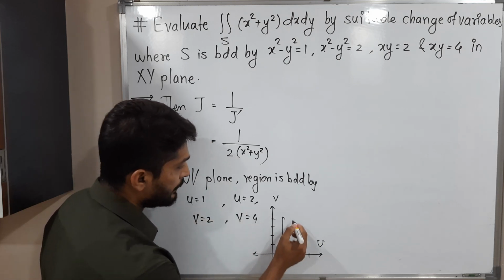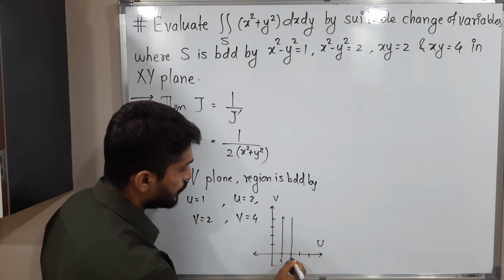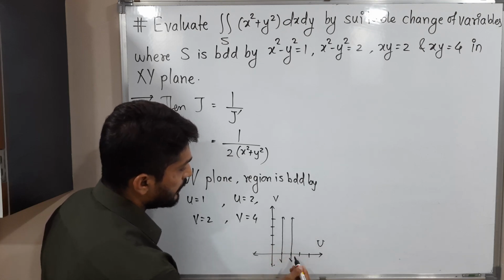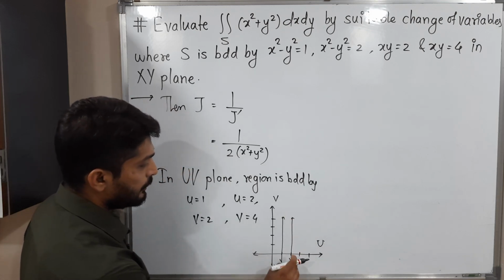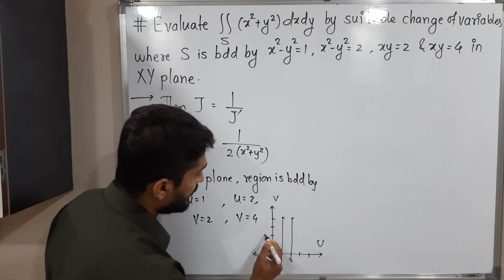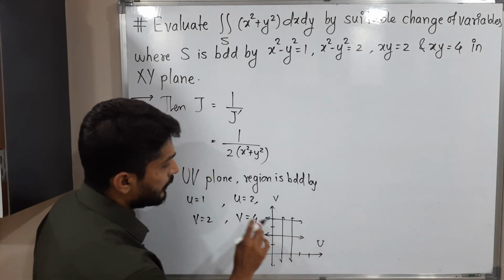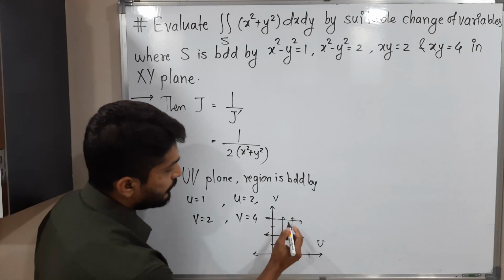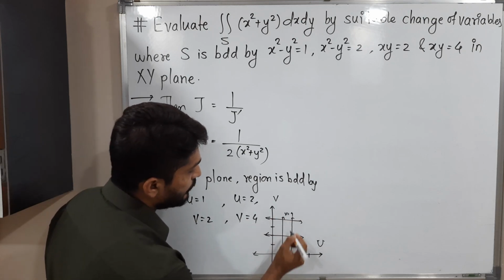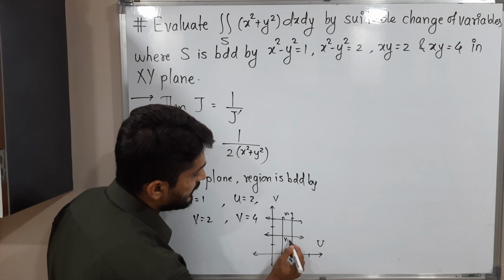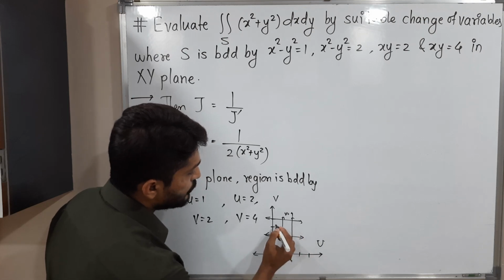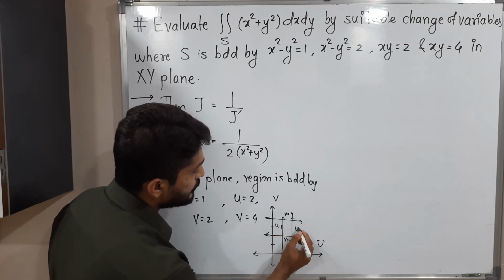U is equal to 2 will be here, parallel to the v axis, passes through u is equal to 2. V is equal to 2 will be here, right? And v is equal to 4, a line parallel to the u axis, passes through v is equal to 4. Let me show here, this is v is equal to 4. I hope it is visible. V is equal to 2. This is u is equal to 1 and this is u is equal to 2. So this is the region of integration, getting?